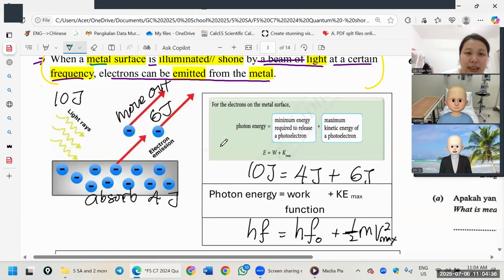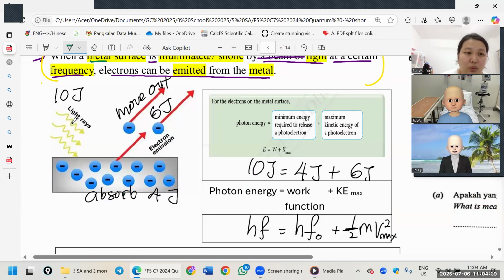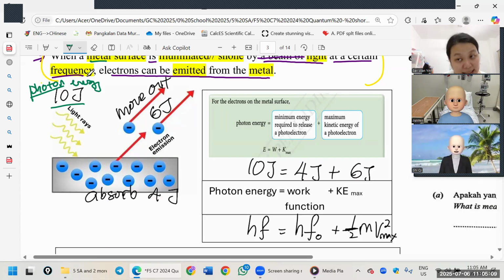Okay, then actually how it works. Now look at this diagram. This is inside the metal. Got free electrons. Of course, got proton, neutron, but we just draw the electron here. Let's say the yellow light has 10 joules of light energy, which is photon, and we call it photon energy. 10 joules shines on the metal surface.